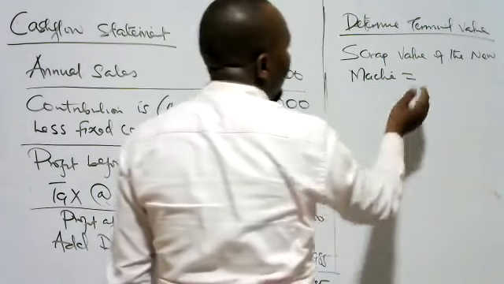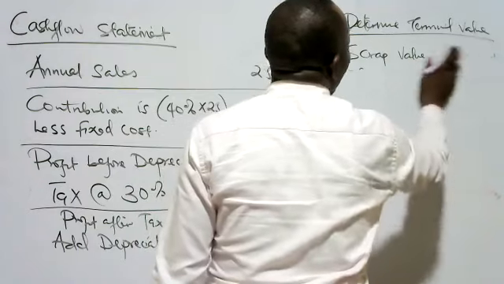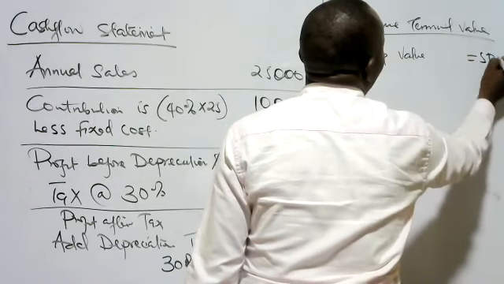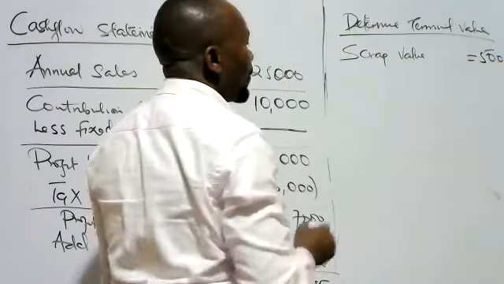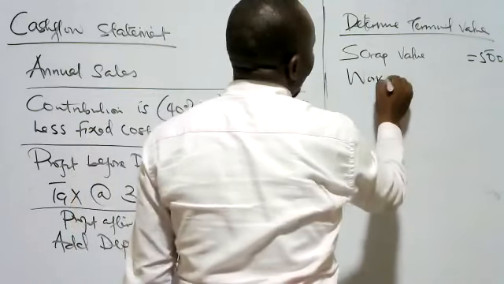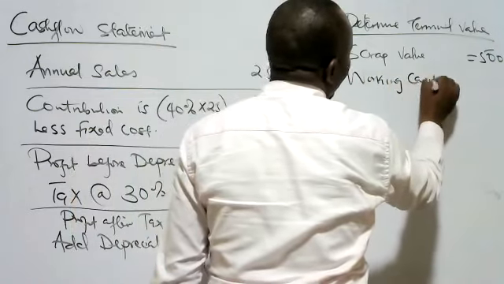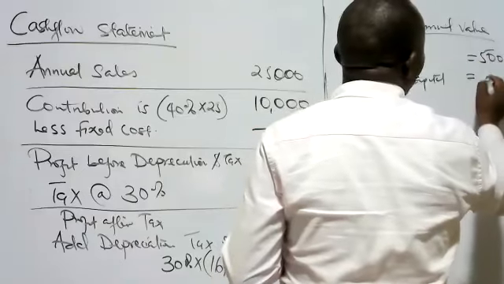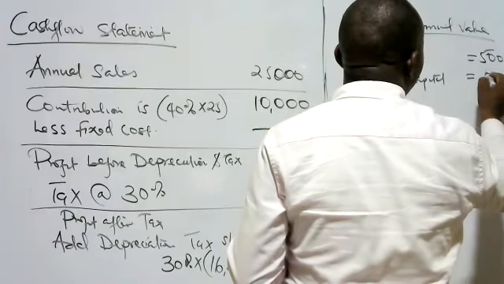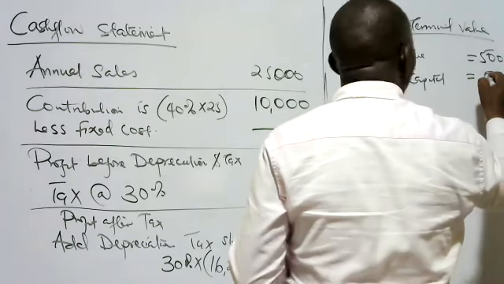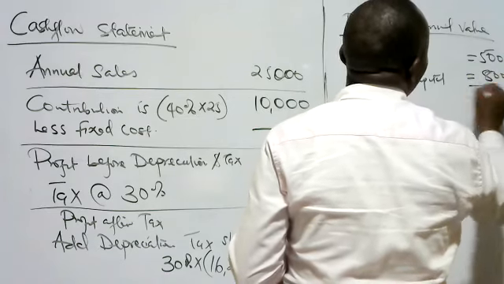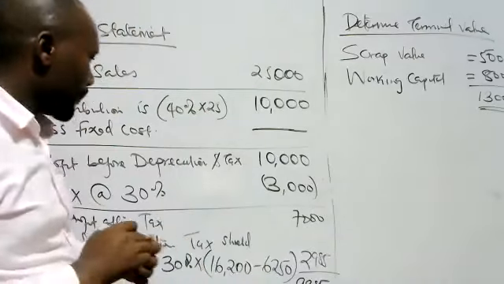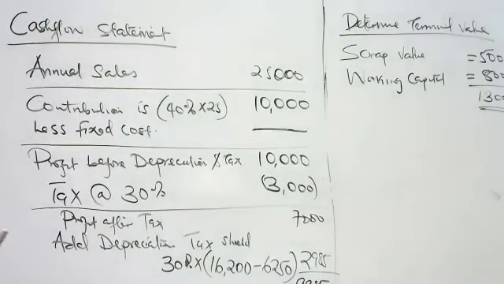Scrap value of the new machine was 5,000, and then we have the working capital, which is 8,000. Total we are having 13,000. That is the terminal value.